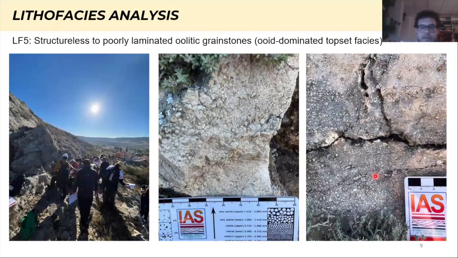Lithofacies number 5, structureless to poorly laminated oolitic grainstone, decimetric tabular beds, structureless but locally we observed parallel lamination and some bioturbation. It's similar in composition to lithofacies number 4.